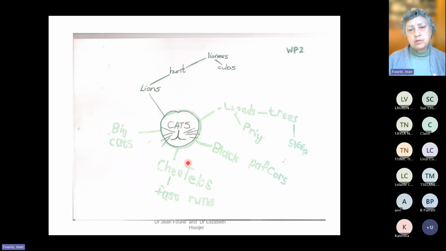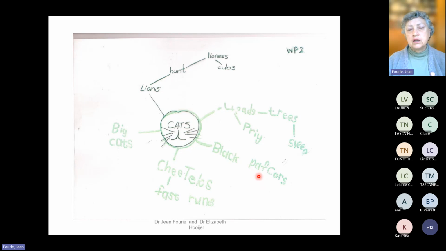And she writes the word black correctly, B-L-A-C-K, but does not know how to spell panthers, or is articulating the word incorrectly. So when you are doing these sessions, remember you're not only focusing on writing, you're also focusing on speech.